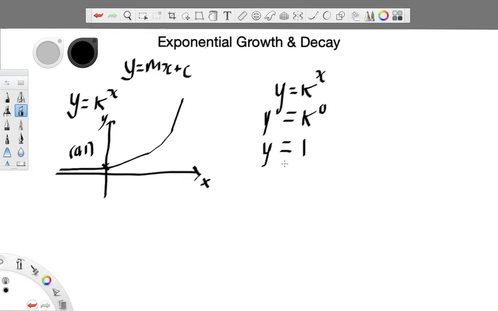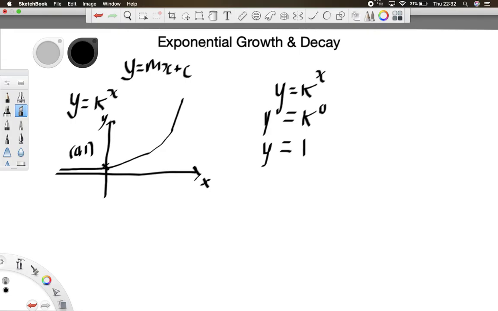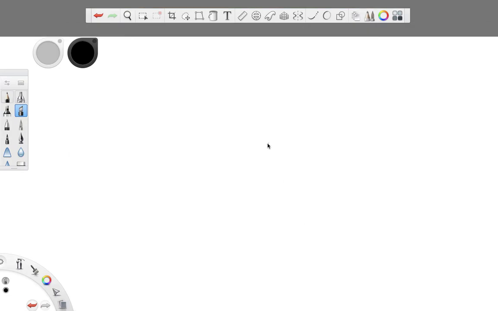So, as I've said, these are some very important points about the exponential curves that we see in maths. And we're going to look at some more sketching in the next part of the video, and then some exam questions later on. So in the next part of this video, I want to look at sketching and drawing an exponential.